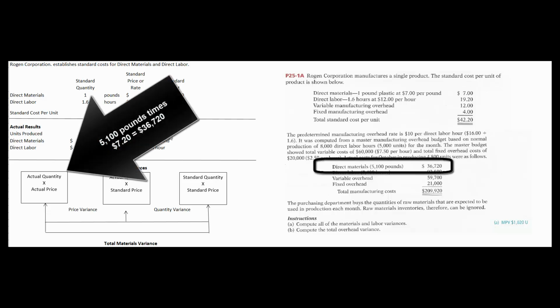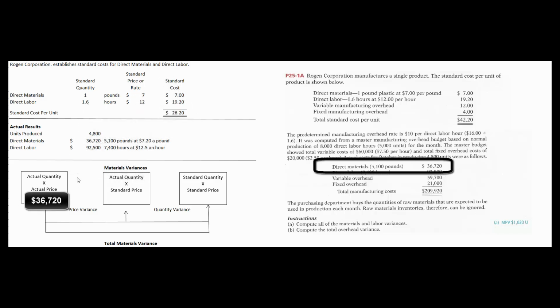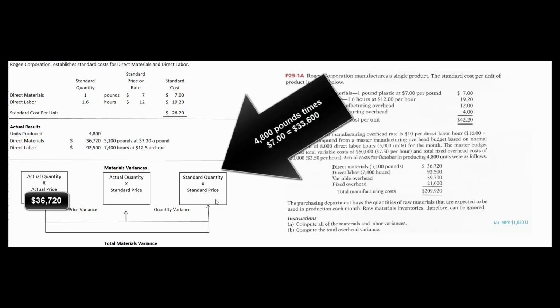Our actual quantity is 5,100 pounds times an actual price of $7.20. So this box here is 36,720. Our standard quantity times our standard price is the 4,800. We're supposed to use 1 pound to make 4,800 units. So that's 4,800 pounds times the standard price of $7.